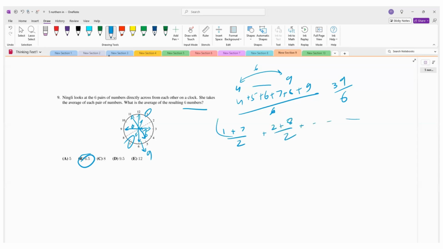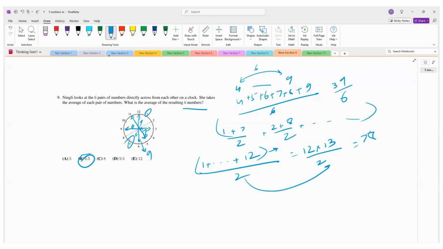So if I group the numerators together, I'm adding all the numbers up to 12 and then dividing by 2. And I know the easy way to do this, which is 12 times 13 divided by 2. It's a sum of the first n natural numbers, n times n plus 1 divided by 2. This gives me 78. Sorry, this divided by 2 is also here. So 78 by 2, this is 39.